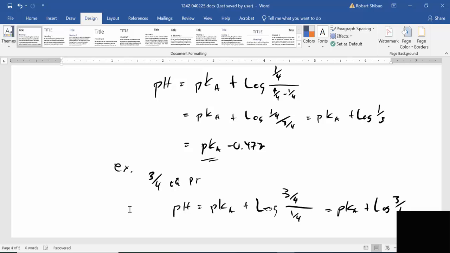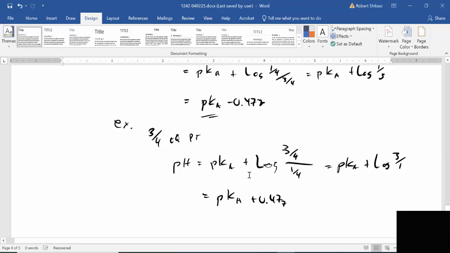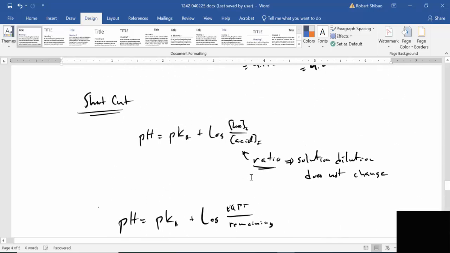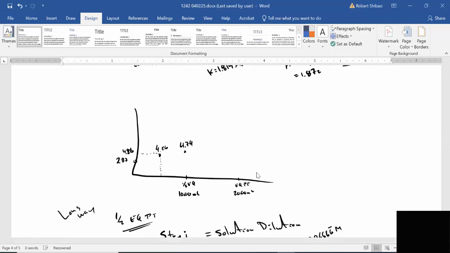The log of 3/1 is just the opposite sign of the log of 1/3. So this is equal to the pKa plus 0.477. So I just add it rather than subtract it. If I add it, then I'll take my pKa, which is 4.744, plus 0.477, and that gives me 5.22. So at the 3/4 equivalence point, which is here, I'm going to be at 5.22.